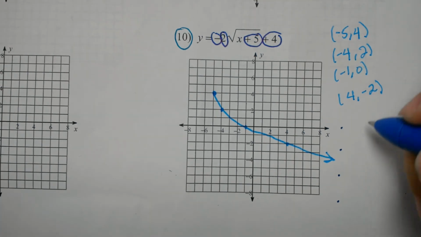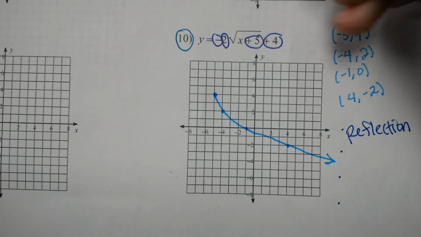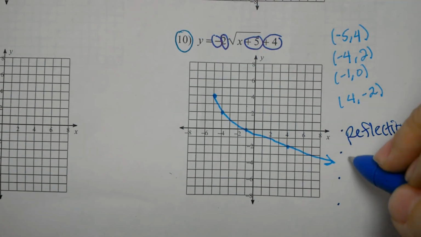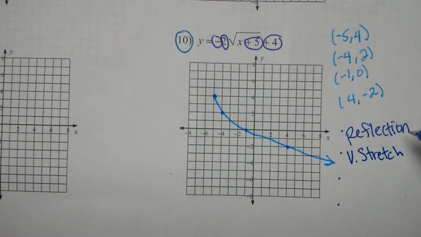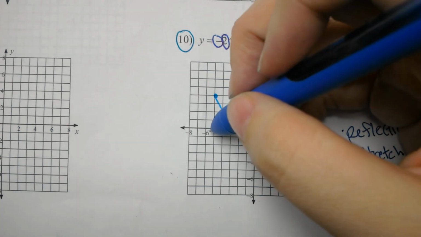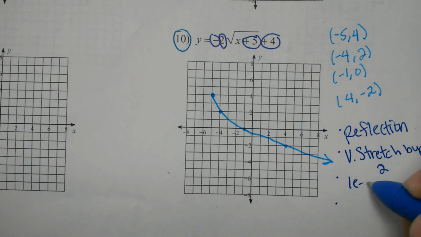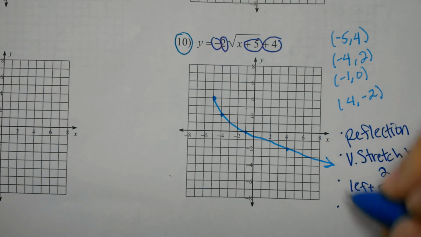So that's called a reflection. Then I multiply by a number that's bigger than 1. It's called a vertical stretch by 2. And then I added 5 on the inside, so it should have started at the origin, but it started over here at -5, so I went to the left 5. And it went up 4.